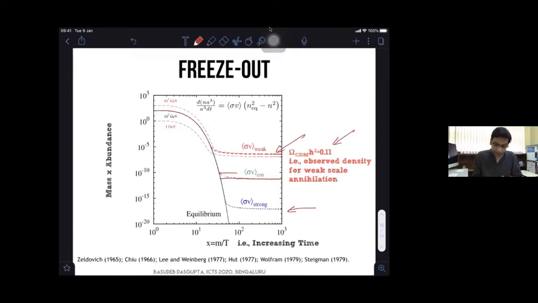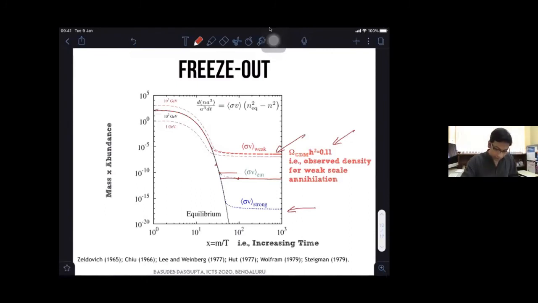This is happening because by the time decoupling happens, my abundance curve is no longer tracing the Maxwell-Boltzmann distribution. It is already away from it. Whereas this point that I am talking about, maybe even this one, is where I join the two solutions.